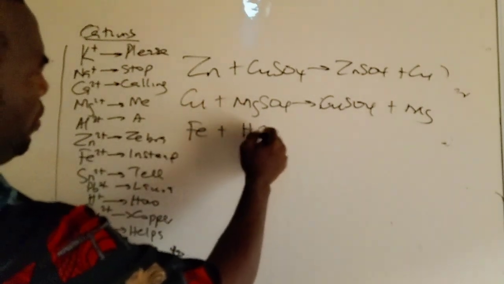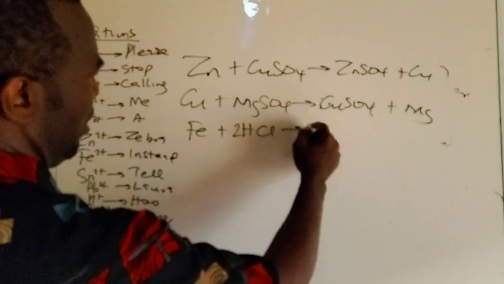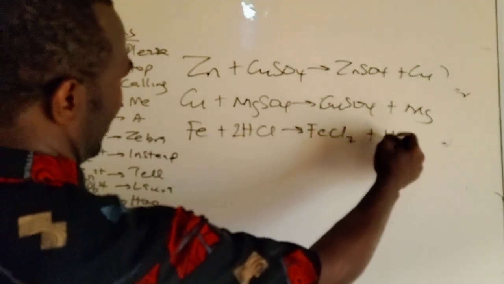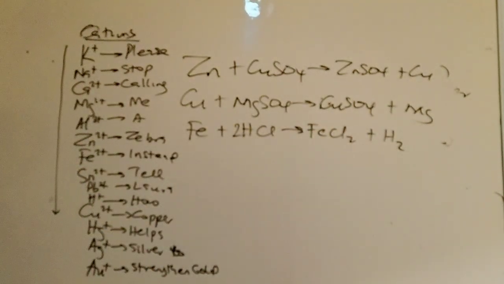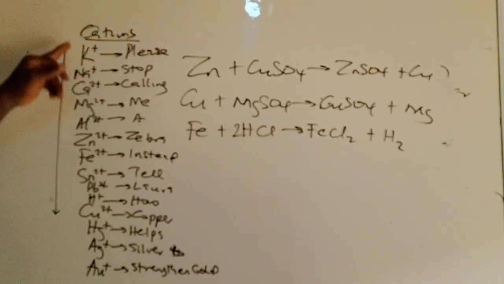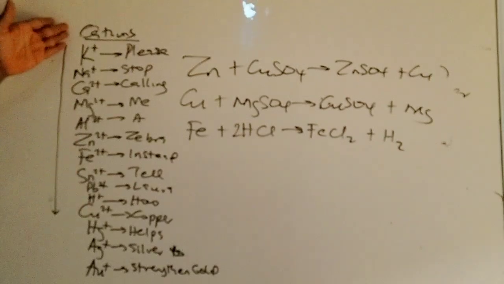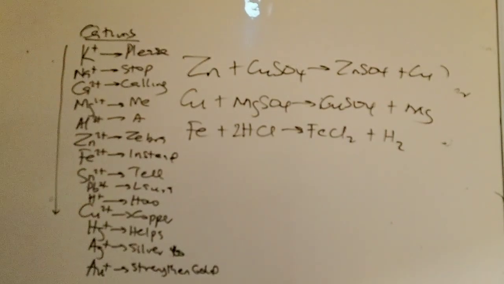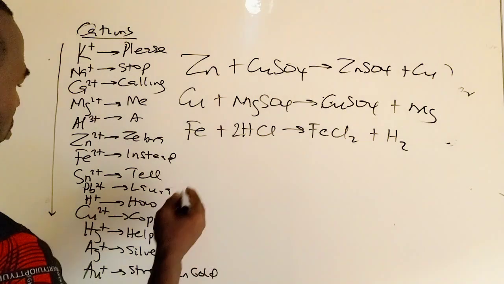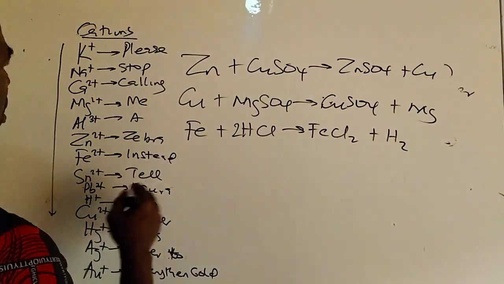Can these reactions take place? Let's find out from our electrochemical series for cations or positive ions. See that they're all metals, positively charged. The only one that's not a metal here is hydrogen. Others are the common metals. So let's verify that.